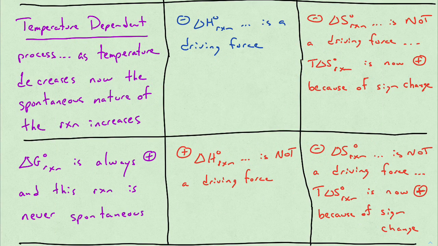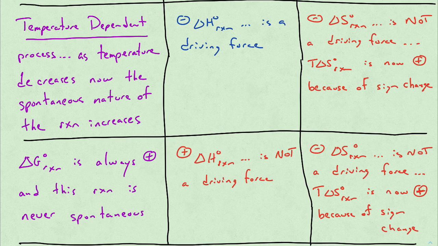Here, now that we find that one is a driving force and one is not, we want to try to minimize the feature that is not a driving force. And so that's the delta S side of things. So if I decrease my temperature, I'm decreasing the magnitude of T delta S. And eventually, the negative delta H portion of the equation will now be much larger in magnitude. And so now we end up with a spontaneous process.